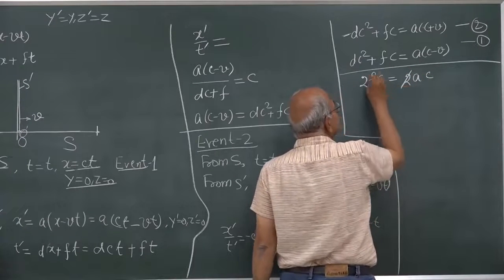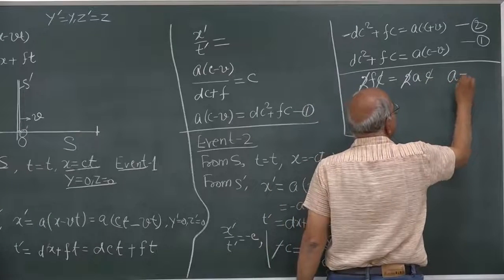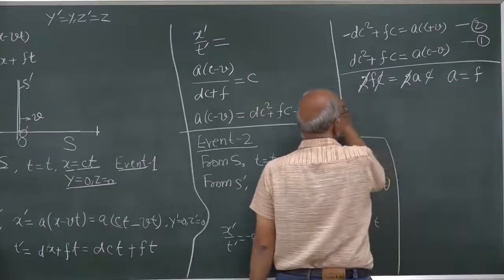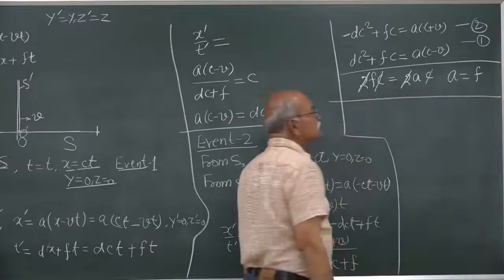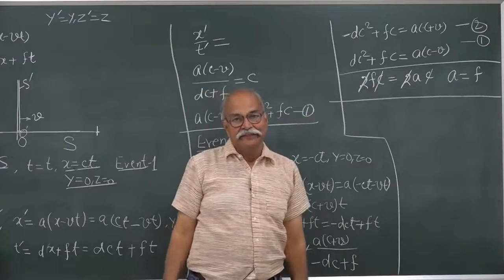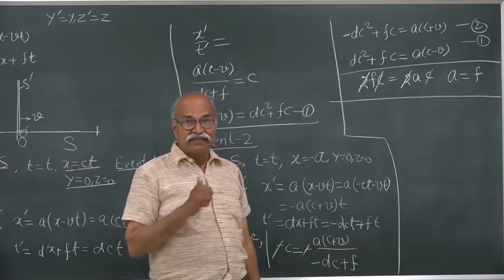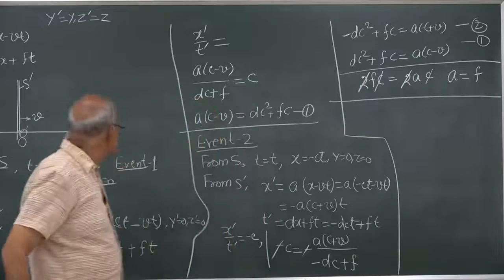The 2 also cancels out, c also cancels out and you get A is equal to F. From these two equations you get A equal to F. I need one more equation and therefore one more event. So, let us try that.